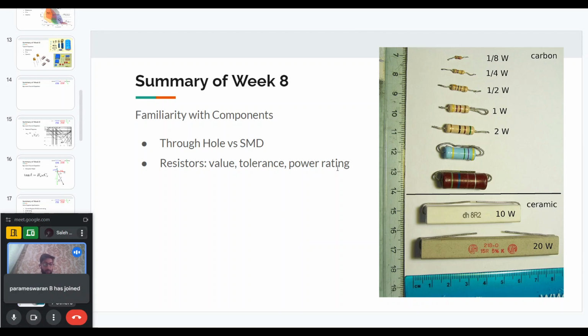And next we have the power rating. Because resistances, whatever current they carry, will lead to I square R losses, and that loss will be generated as heat, your resistor will have a power rating of how much heat it can handle. And as the power rating increases, the size of the resistance will also increase.